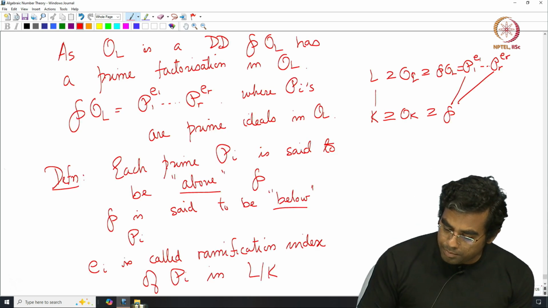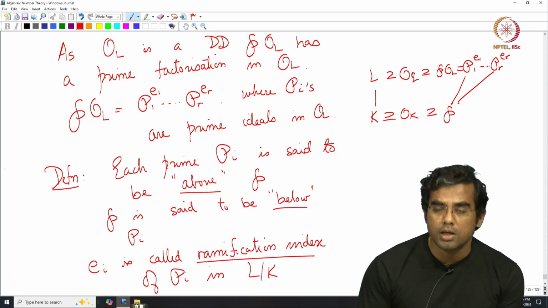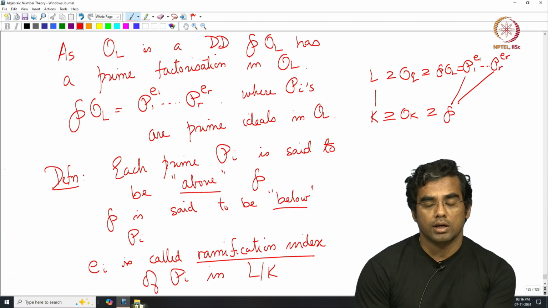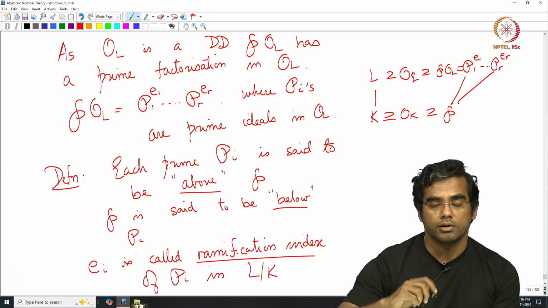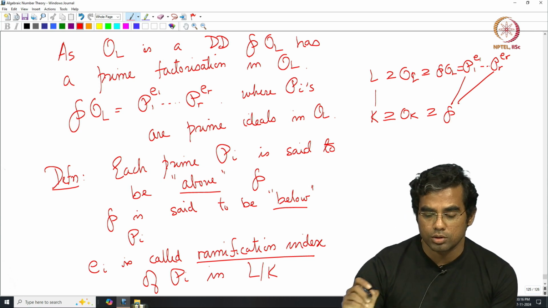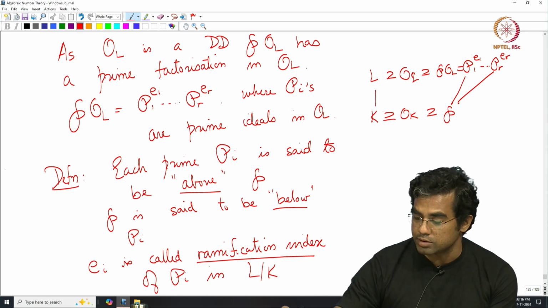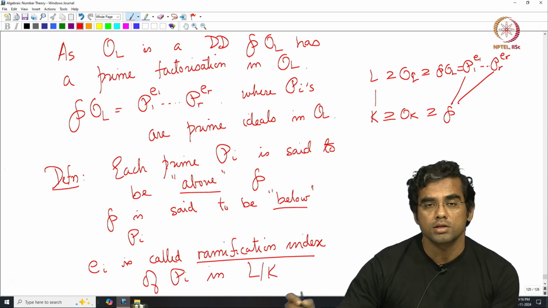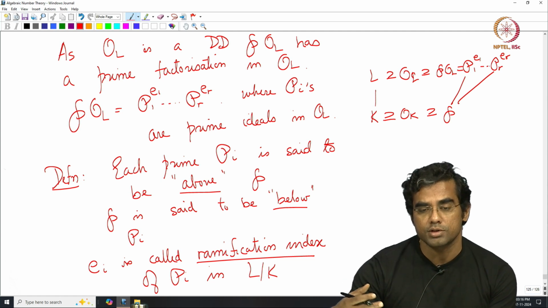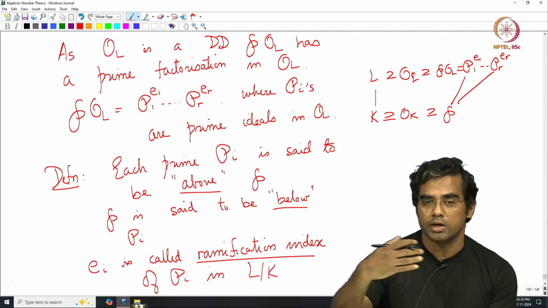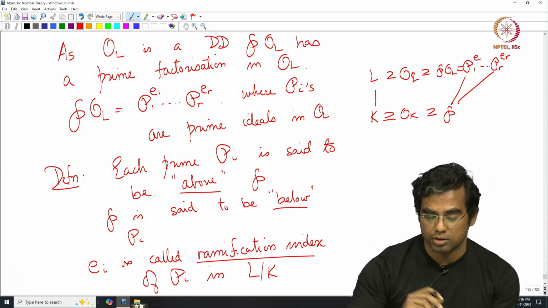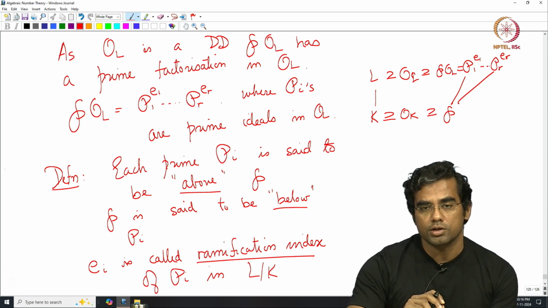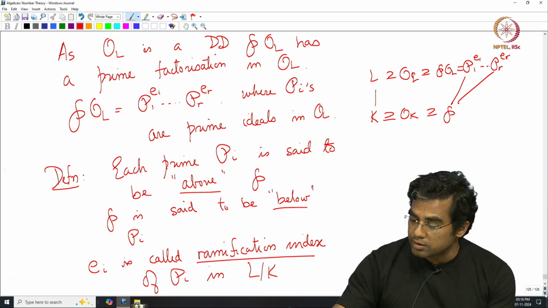So, these are very important invariants, ramification index, the prime above a given prime, the primes below a given set of primes, etc. We will spend most of our time studying how a given prime factorizes in an extension, how to calculate ramification indices, and some other indices that I am going to define now.